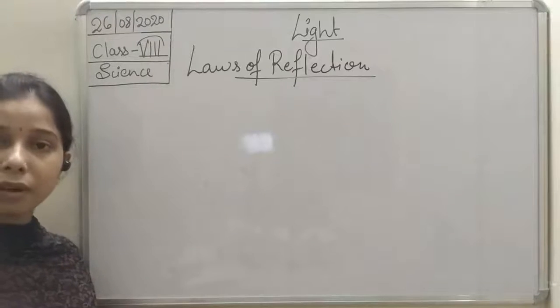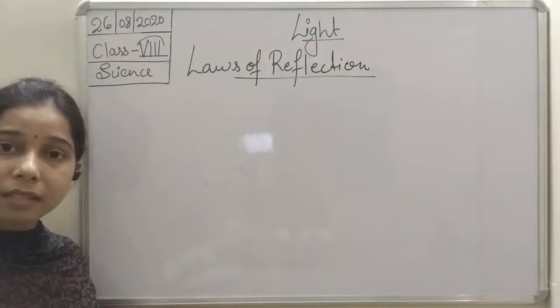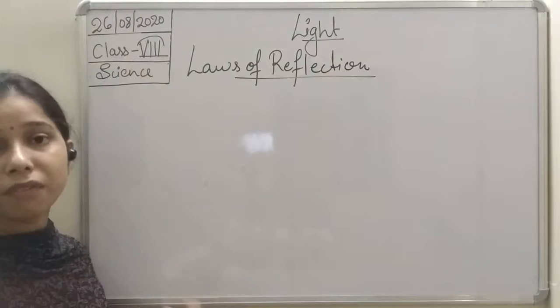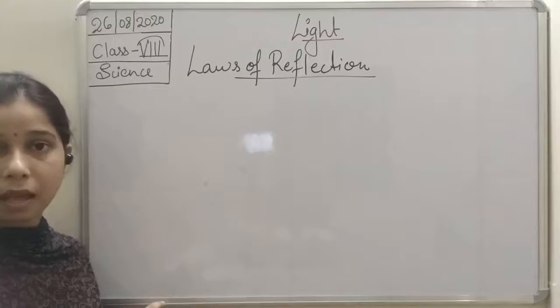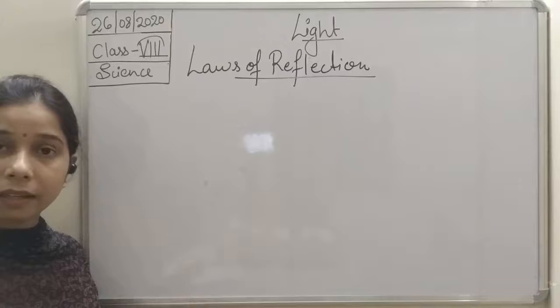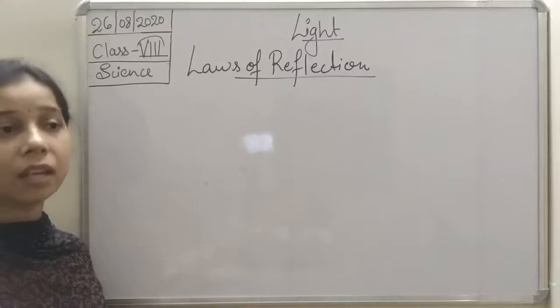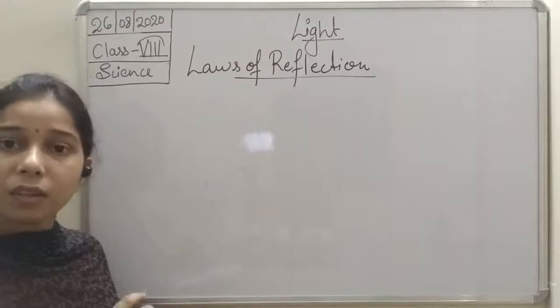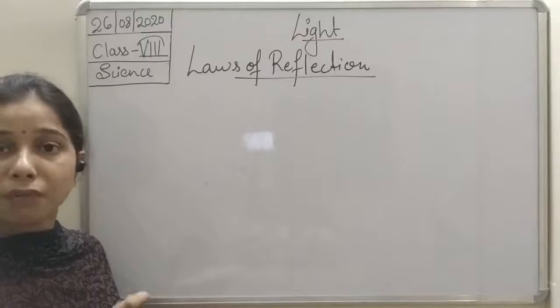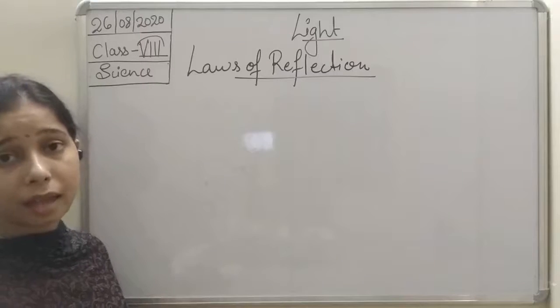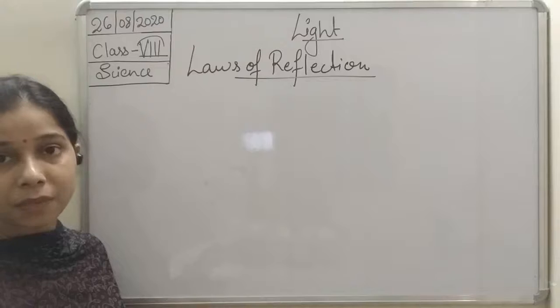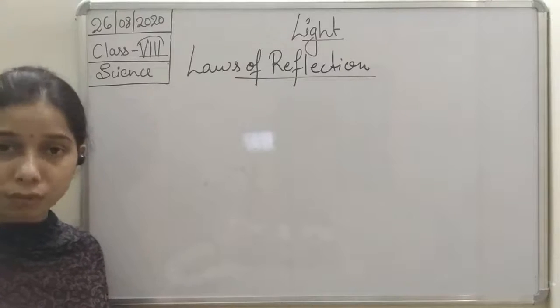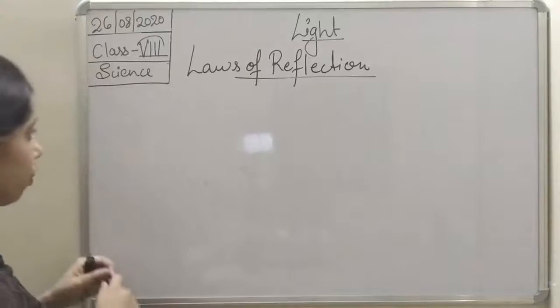The first law is that the angle of incidence is equal to the angle of reflection. And the second law states that the incident ray, the reflected ray and the normal at the point of incidence all lie in the same plane. So these are the two laws of reflection. Let me write both of the laws, students.